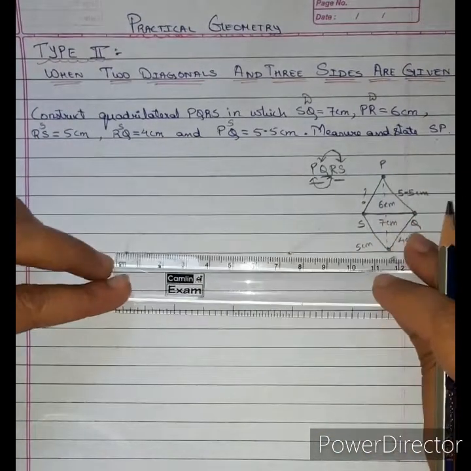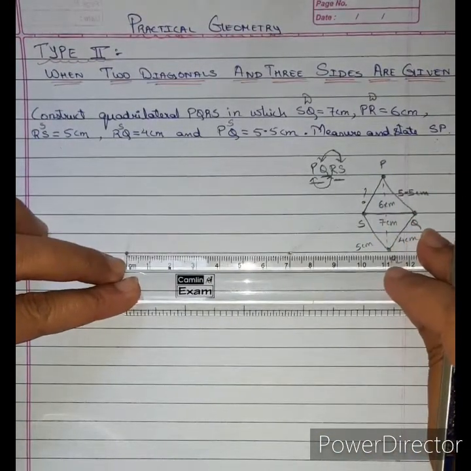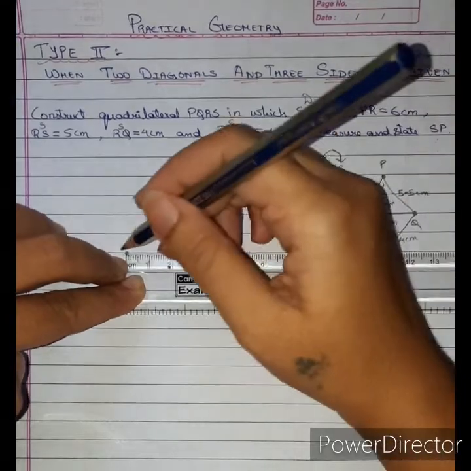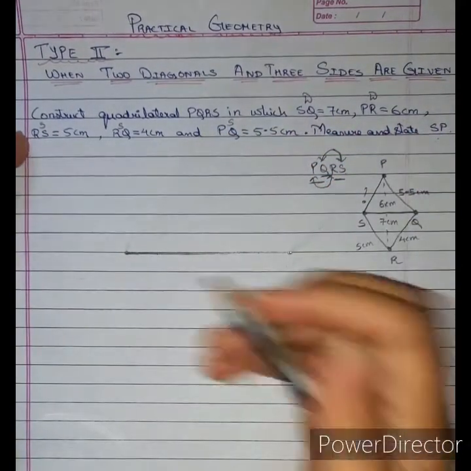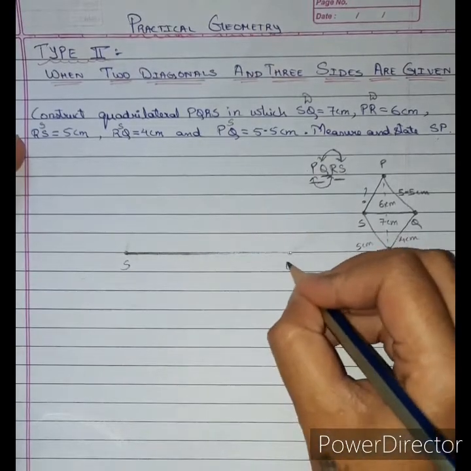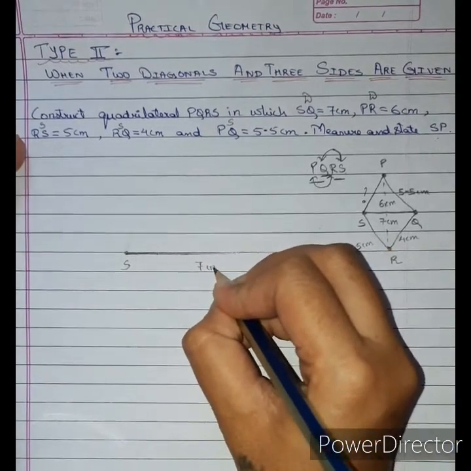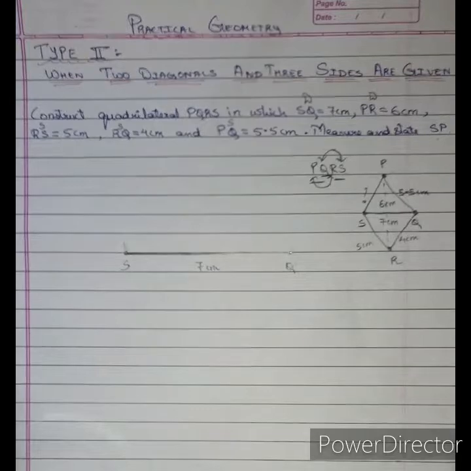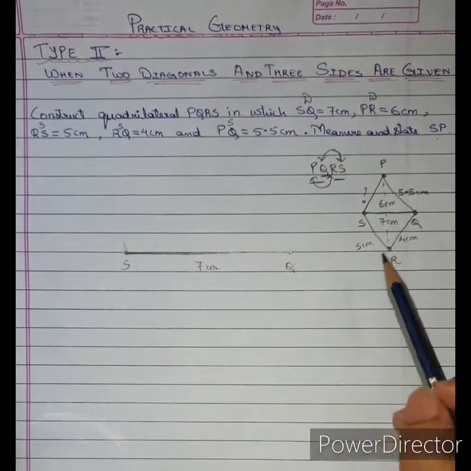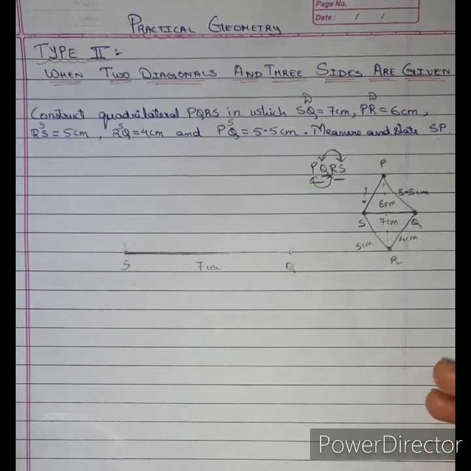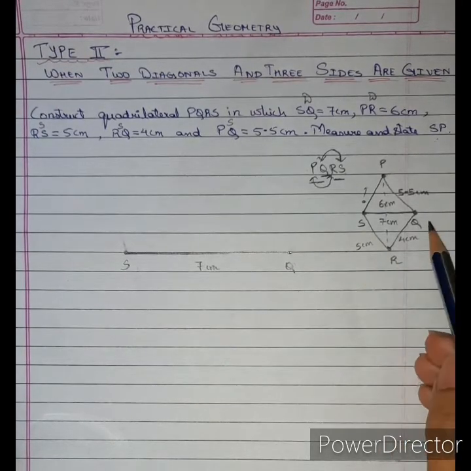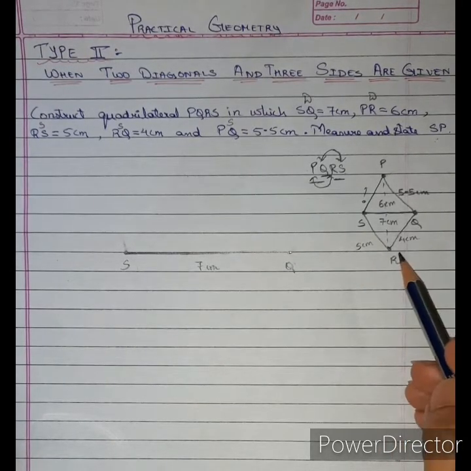Join the points. So this is SQ of 7 cm. Next we can start with this triangle here. SR is given as 5 cm and RQ is given as 4 cm.